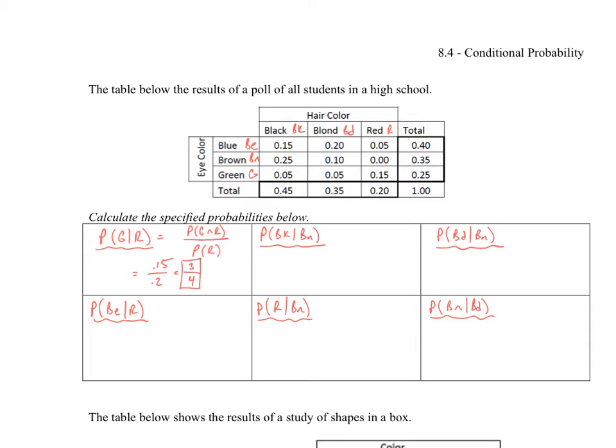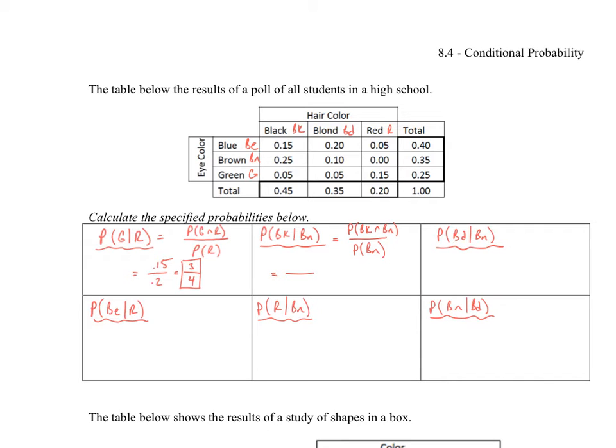Okay, so hopefully you've already tried it. Now you're unpausing the video, and we can calculate each of these probabilities. So I'll write the formula for the first couple, and then I'll just start doing them quickly. But here, if I'm trying to calculate the probability that someone has black hair given that they have brown eyes, then my denominator is the probability of brown eyes. That's the thing I'm going to start with in my denominator. And the numerator is going to be the probability that somebody has black hair and brown eyes out of all the people who have brown eyes. So first of all, how many people have brown eyes total?